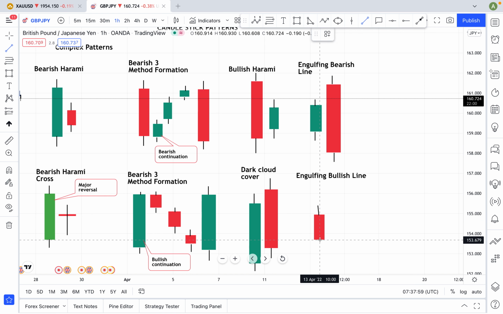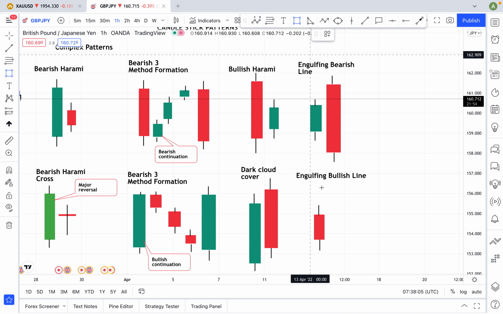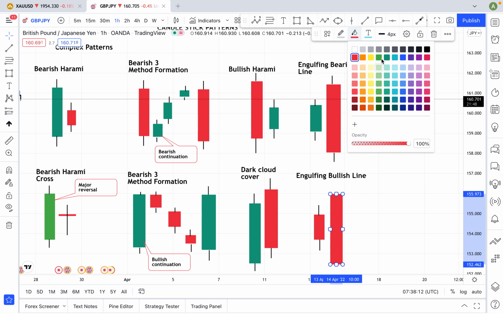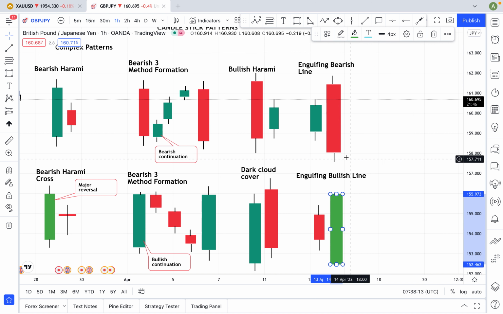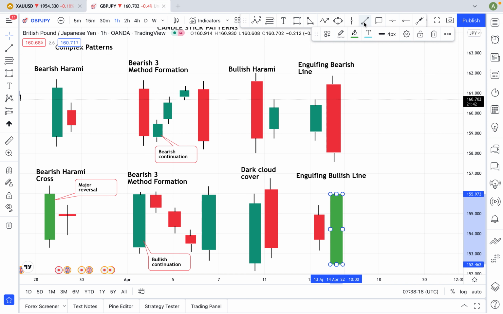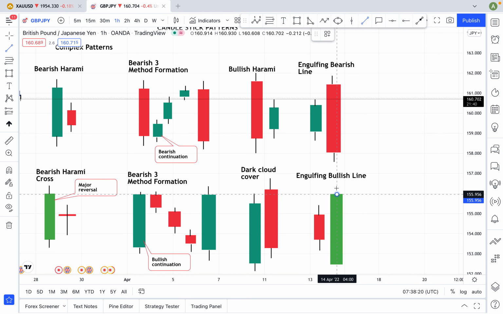Sorry, my drawing might not be perfect, I'm trying. And then another candle here, which is going to be a green candle, and I'm going to have my wicks as usual.